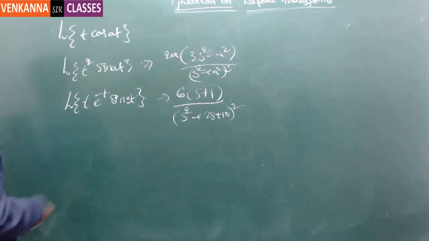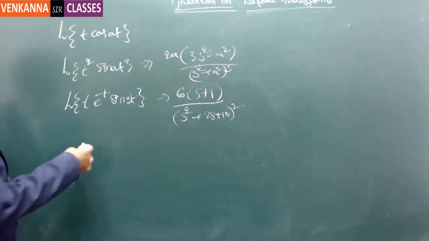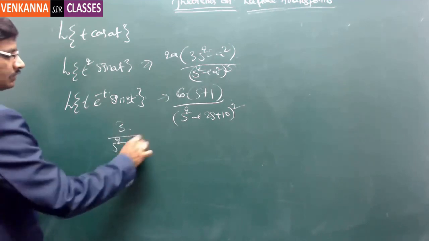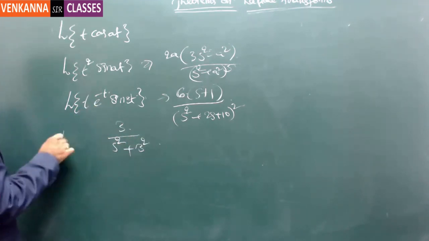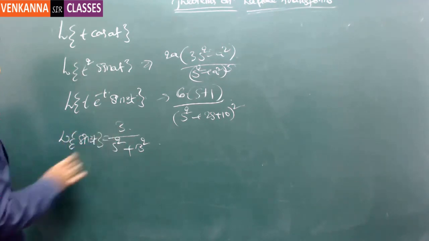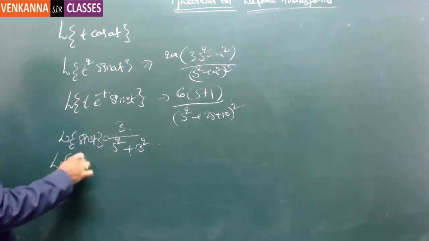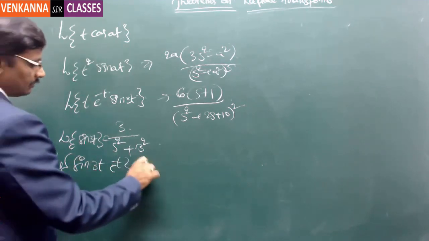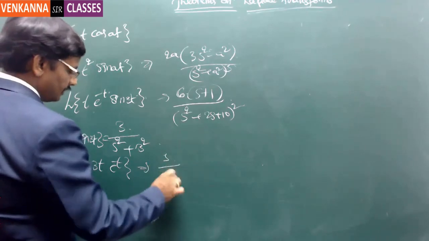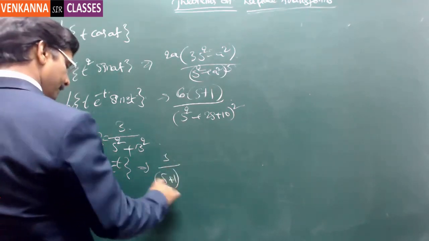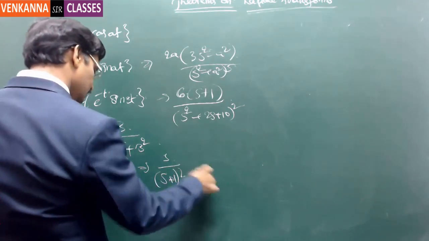So use the first shifting property. The Laplace transform of sin 3t is 3 by s square plus 3 square. Similarly, the Laplace transform of sin 3t into e power minus t is nothing but 3 by s plus 1 whole square plus 3 square.